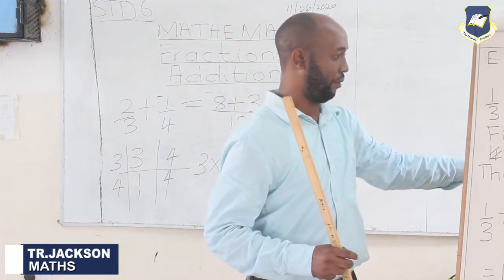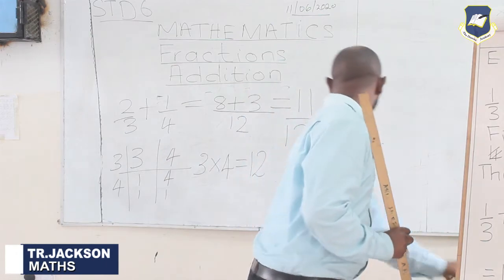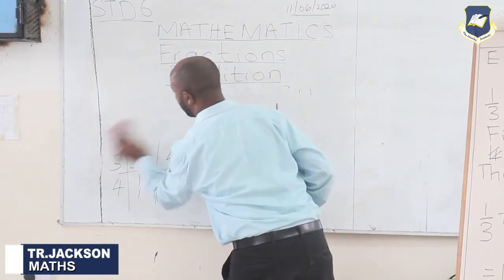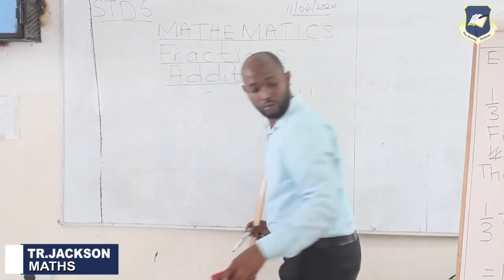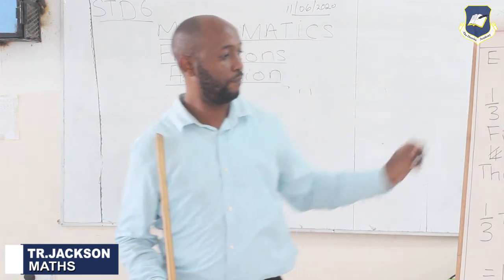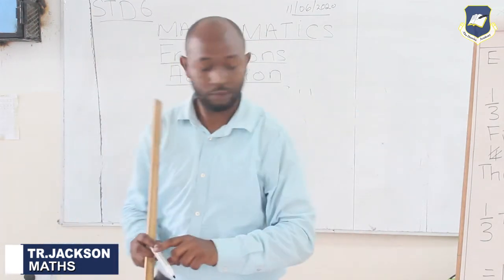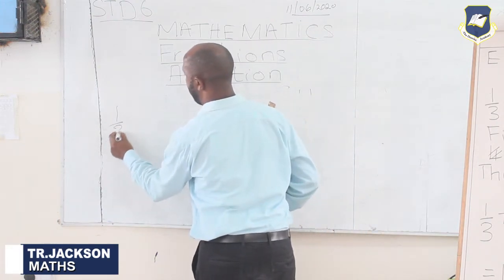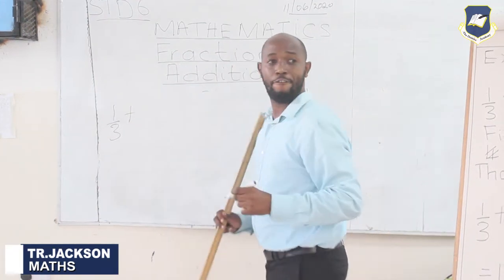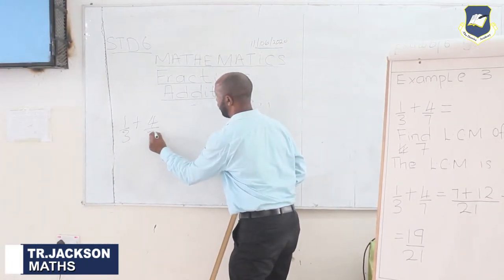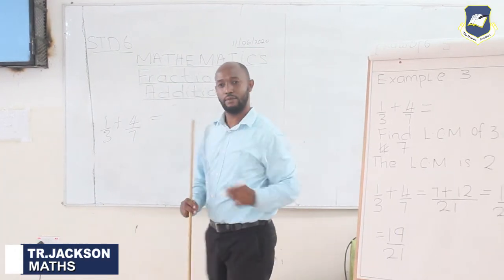Our example 3. In our example 3, we are going to have 1 over 3 plus 4 over 7.